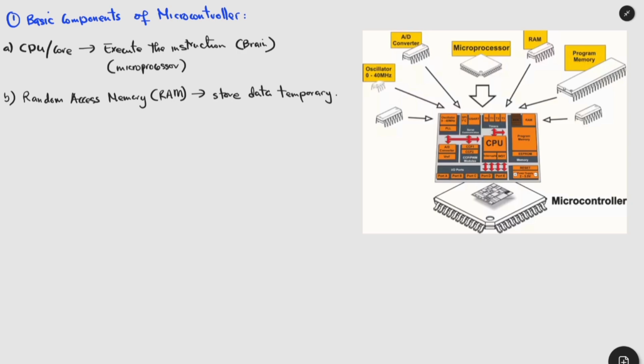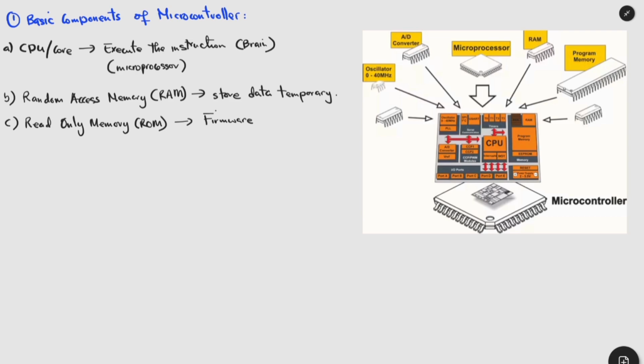And thirdly, we have the read-only memory, called the ROM, and it is also a memory circuit. What the read-only memory does is store the firmware of a microcontroller.